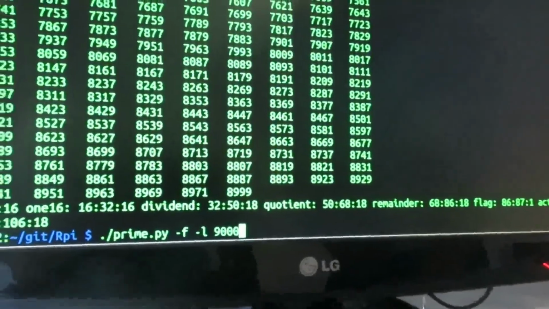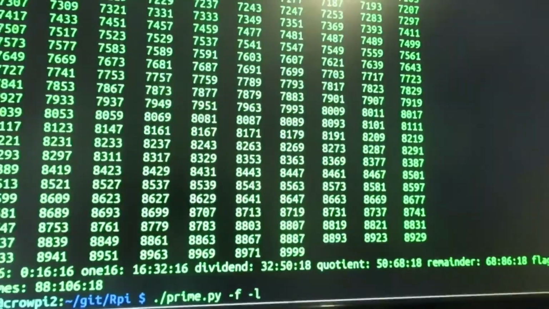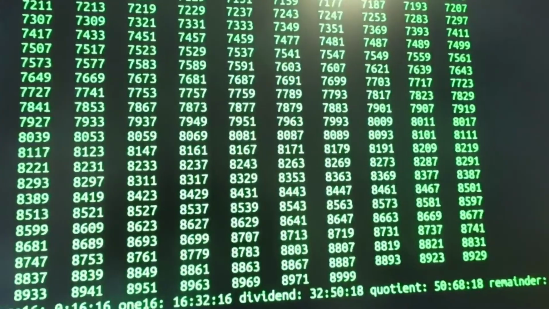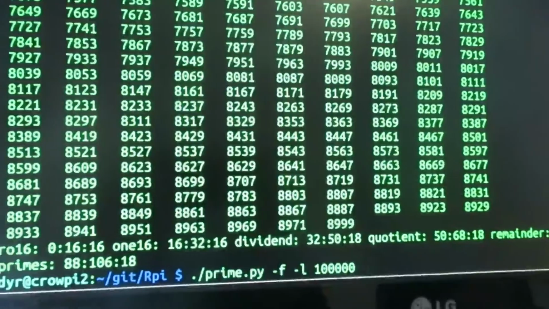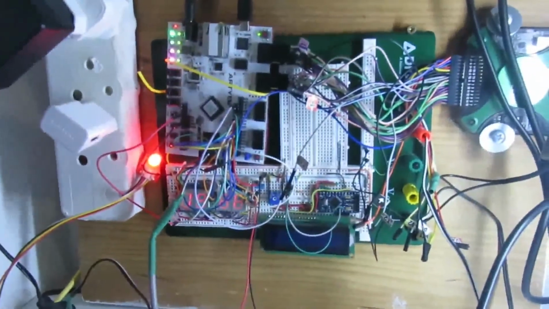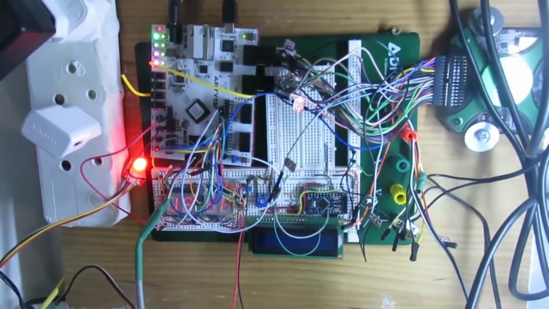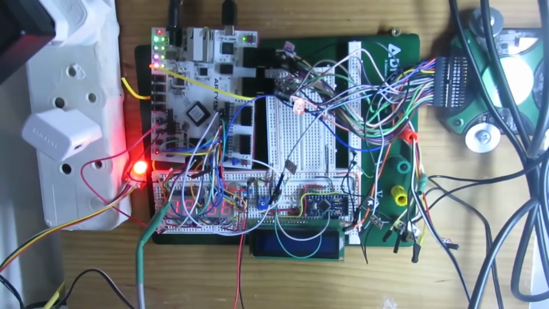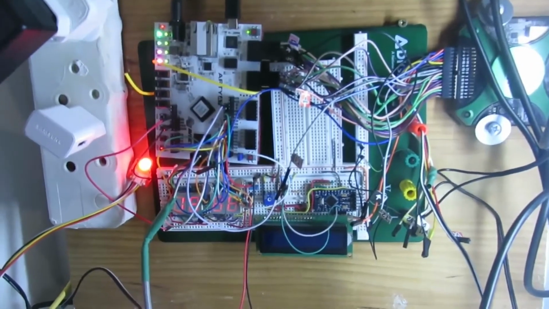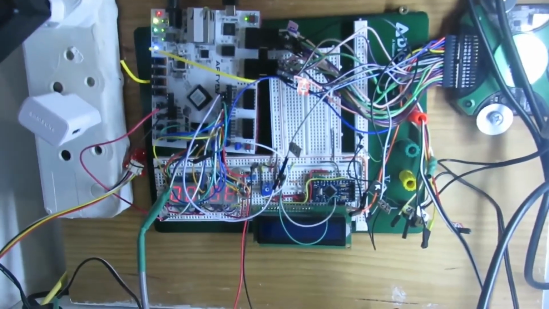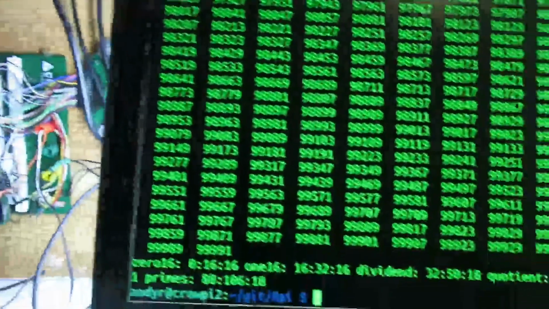And instead of just 9,000, I'm going to go up to 100,000. And if we do that and we look at it, it goes through. And it takes about 12 seconds to calculate the 100,000 primes, and then it brings the results back.